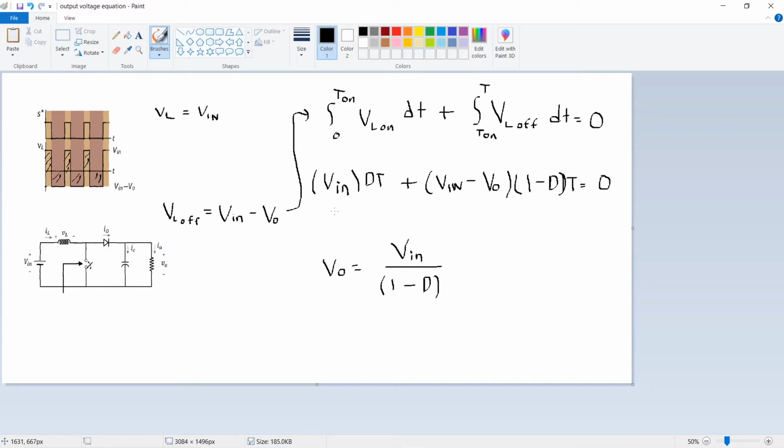Since duty cycle can only vary between 0 and 1, the output can only be higher than the input voltage. So when we make VO the subject variable here, you will get V input divided by 1 minus duty cycle.